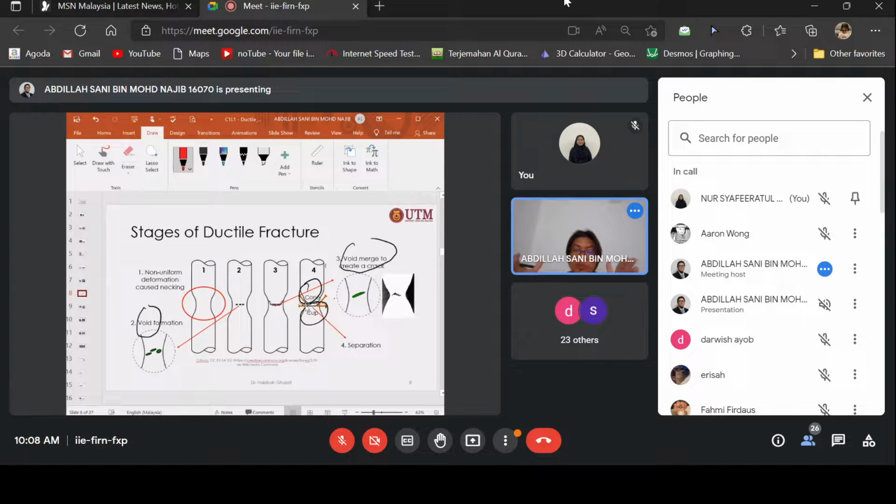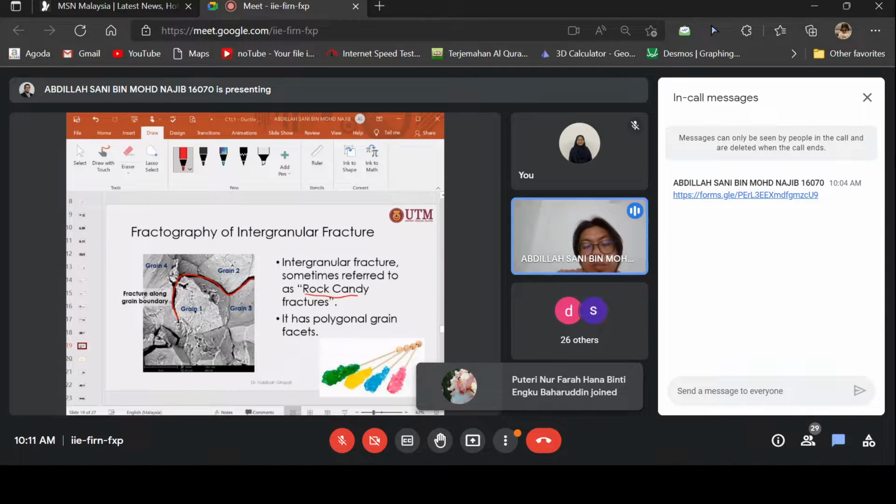Okay, so more or less we also have classified the brittle fracture into two. Okay, the first one is the intergranular, and the second one is transgranular. Okay, transgranular, the fracture occurs across the grain. Okay, intergranular along the grain.